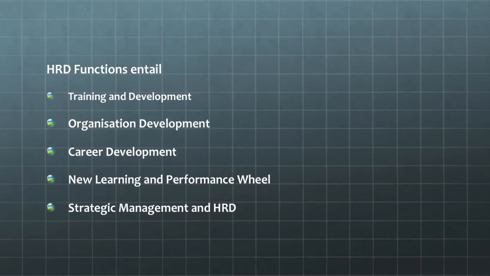So human resource development fits into the wider domain of human resource management. And HRD functions entail training and development, organizational development, career development, new learning and performance wheel, strategic management, and human resource development.